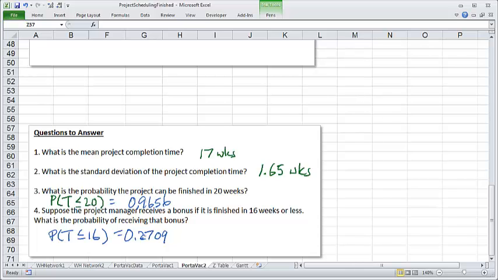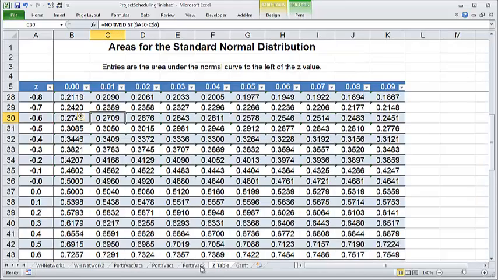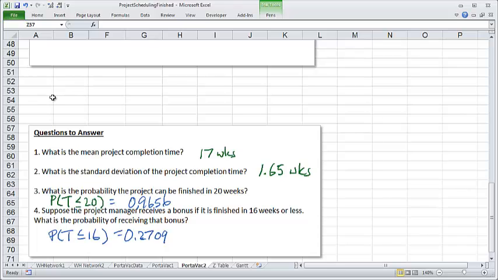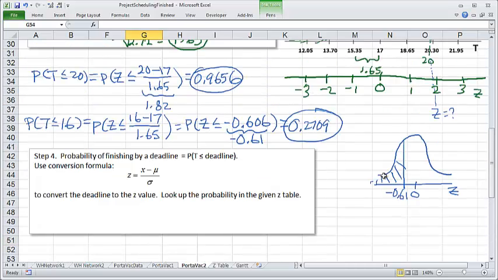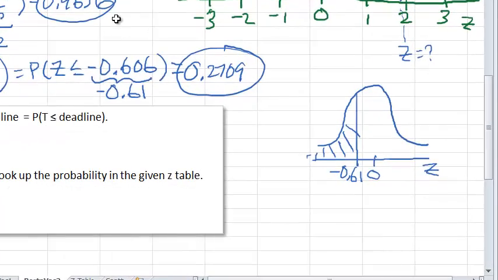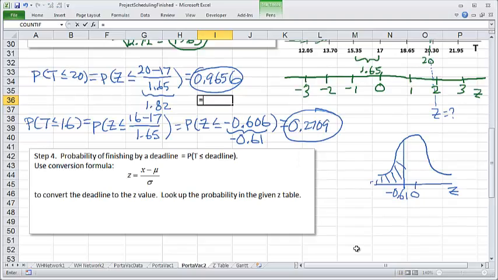Okay, one thing I could mention here is that this is if you're using the z-table, but you could also, of course, use an Excel formula to get the areas under the curve. So for instance, here's a formula.